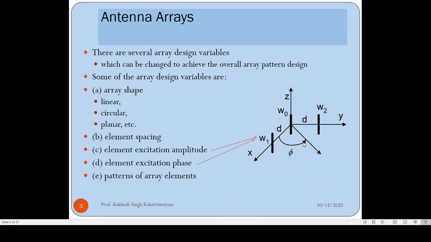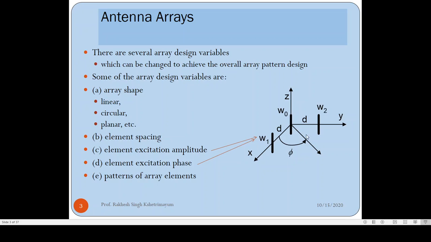So let's look at this structure. This structure is the antenna element array. We have three elements here, element 1, 2, 3. In element 1, the amplitude of the current and the phase you are giving will decide the pattern of the antenna array. Then what are the other parameters?